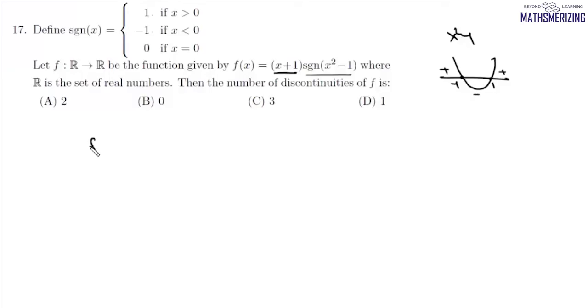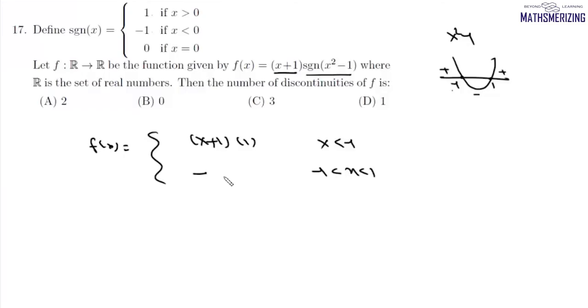So we can write this function f(x) as: x plus 1 times 1 when x is less than minus 1, since this value is positive. Now between minus 1 and plus 1, the graph of the function lies below the x-axis, so this signum function will be minus 1.